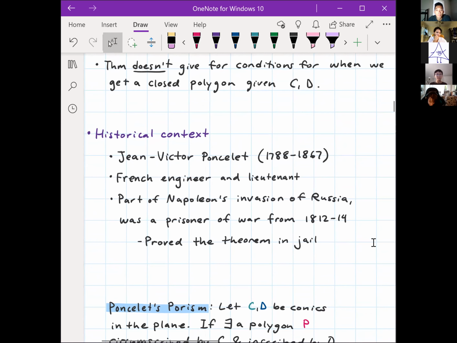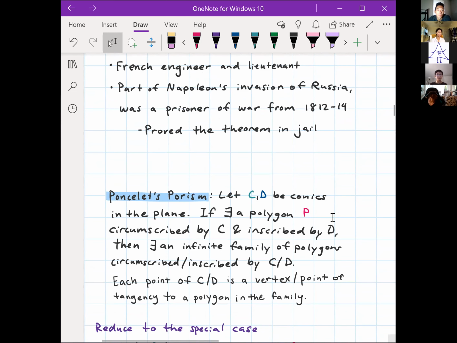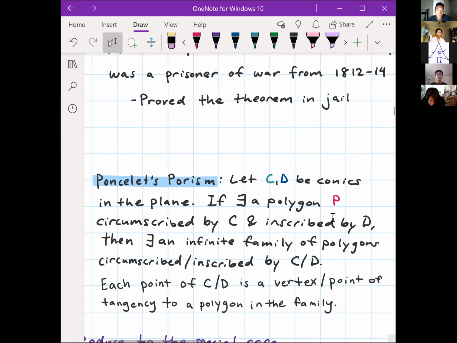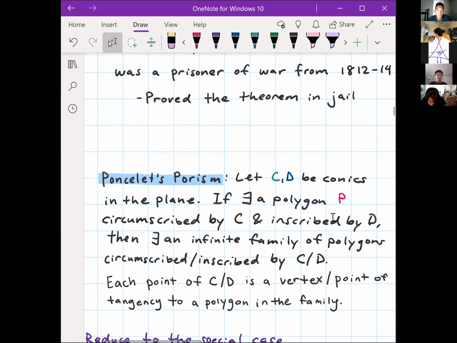But anyway, back to the theorem. Poncelet's Porism gives us kind of like, if one thing exists, then infinitely many things exist. And I think that's sort of what Porism means. It's a kind of theorem where you have that sort of behavior.